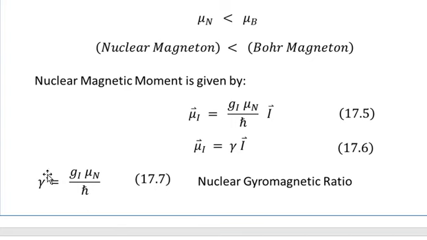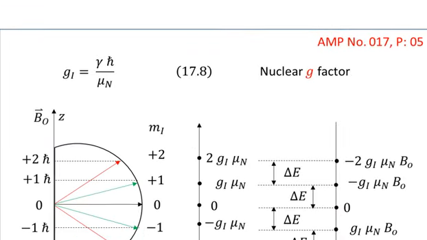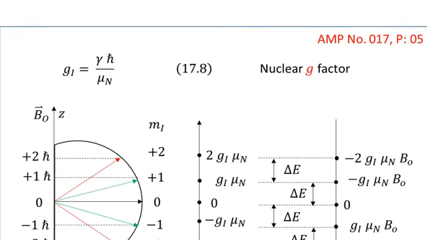So you see that the value of gamma or the expression of gamma can be determined through experimental arrangements. So gamma can be measured, and then its mathematical equation can be written down as I have shown in equation number 7. So Gi is equal to gamma into h bar over mu n.